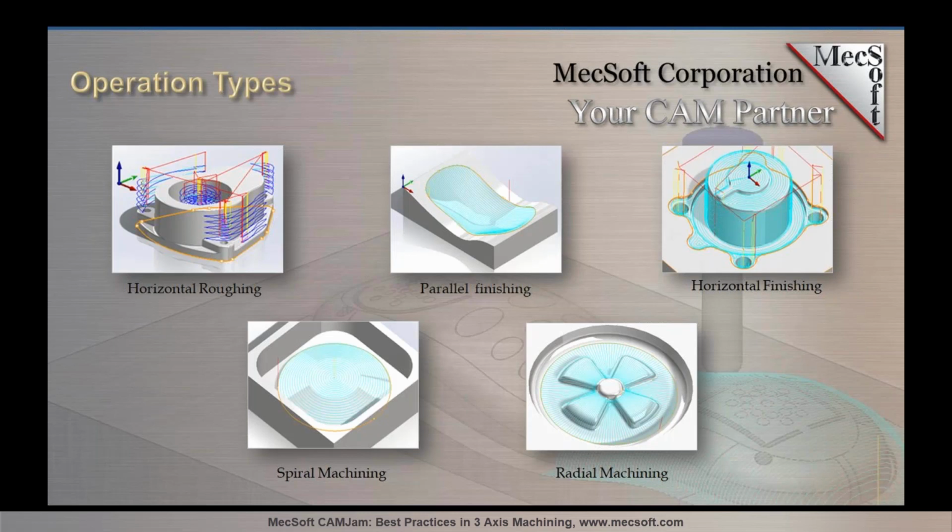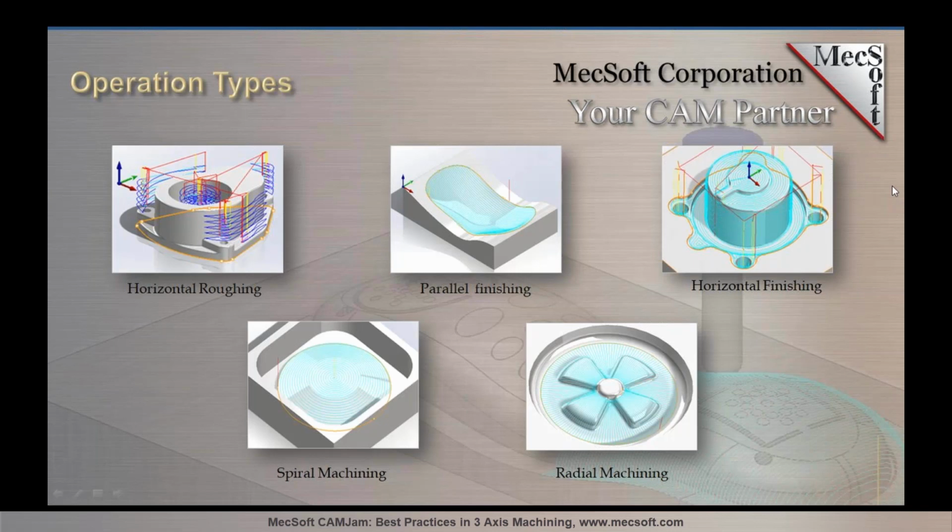And this is also a strategy that is better suited for parts that are more horizontal than vertical. So similar to what I said about the horizontal finishing, if you are using spiral machining and you do have vertical walls, you might want to either contain the geometry, or you might have to come up with strategies to handle those scenarios as well, because spiral machining is more suited for horizontal than vertical.